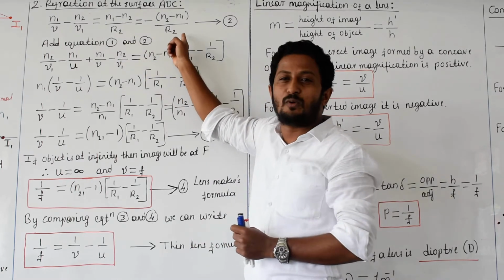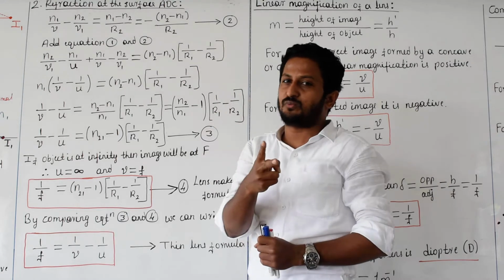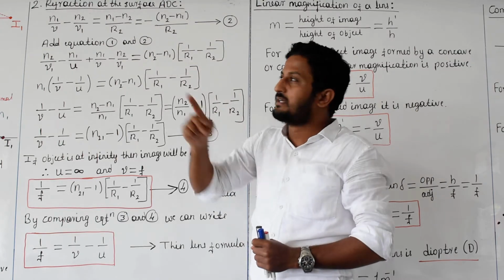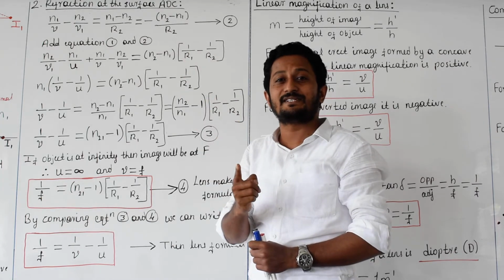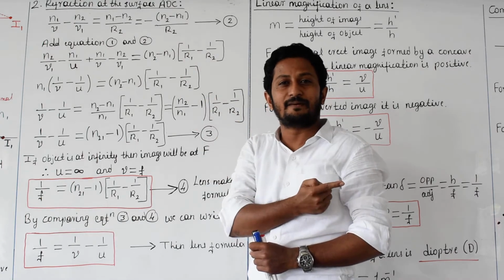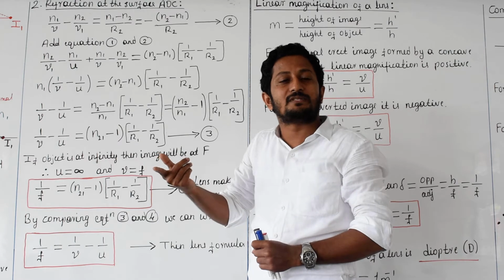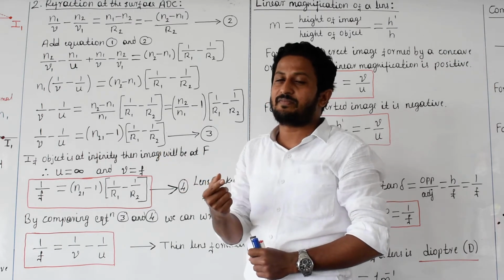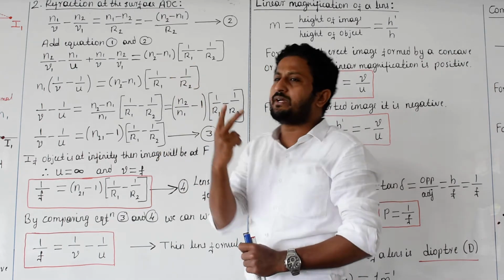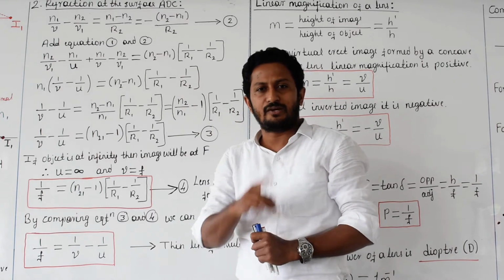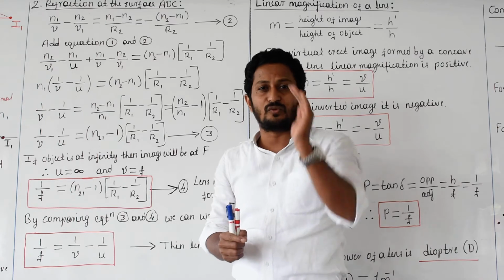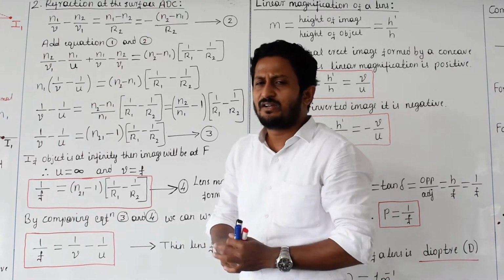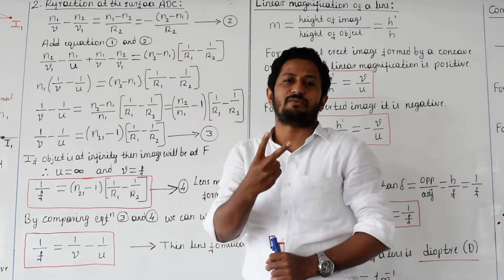This is very important; this is equation number 2. This is the expression when you get the image in the rarer medium and the object is kept in the denser medium. So we got two equations: equation 1 for the first surface, equation 2 for the second surface. Now add these two equations.